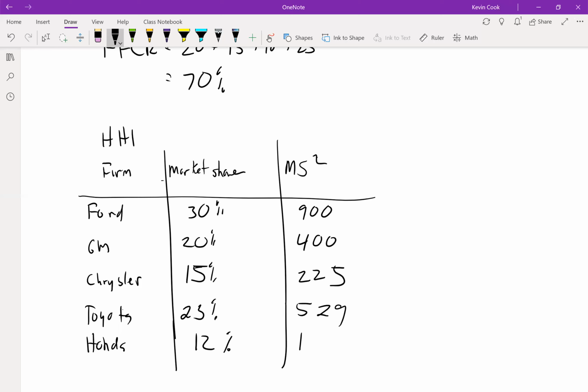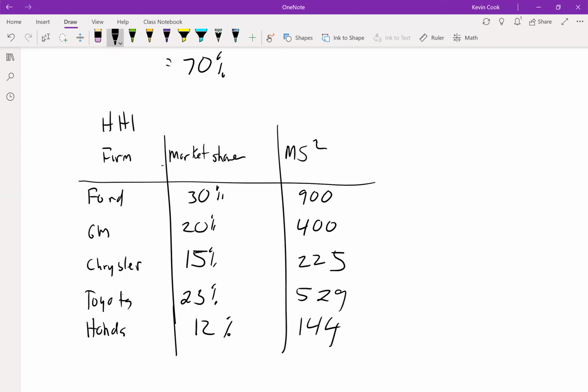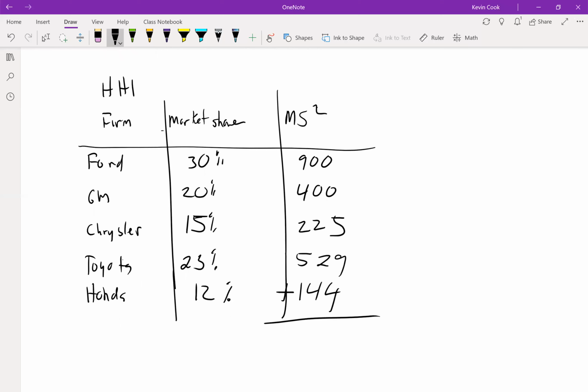And 12 squared will give us 144. Then if we take all of these, we want to basically just add them up. And if we add these up, we will get an HHI equal to 2,198, which is kind of higher than we'd like to see. But in that case, that's what our HHI came out to.